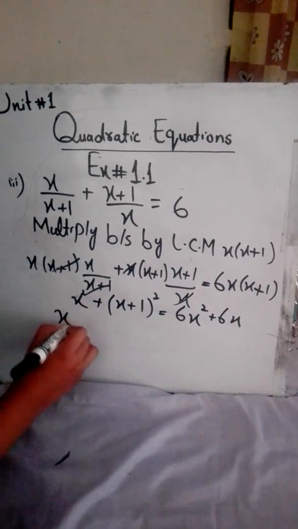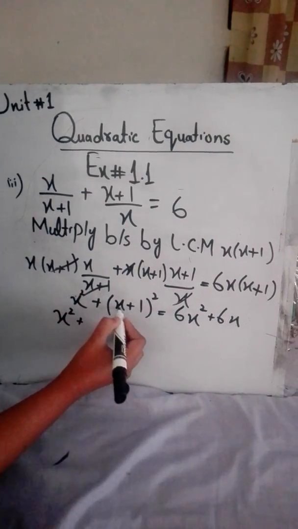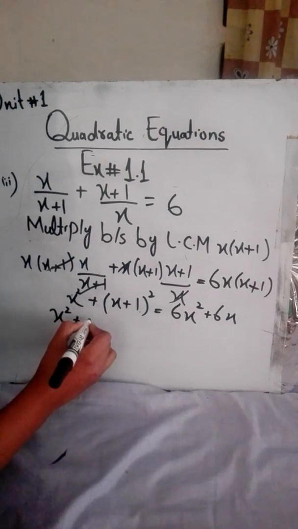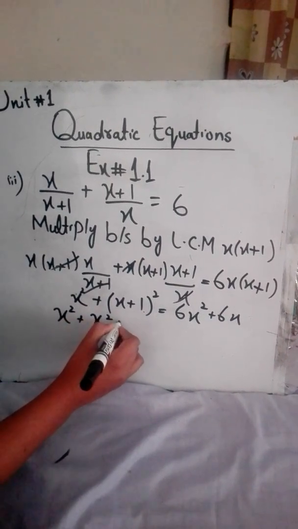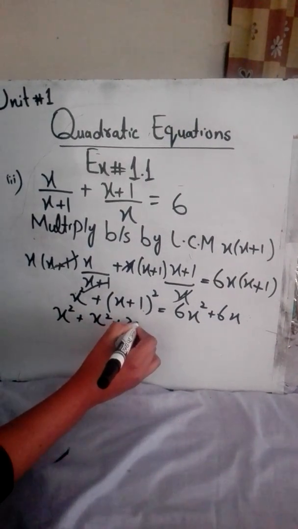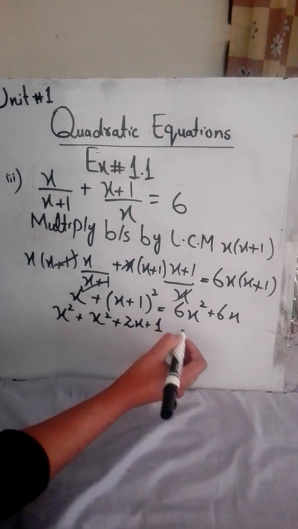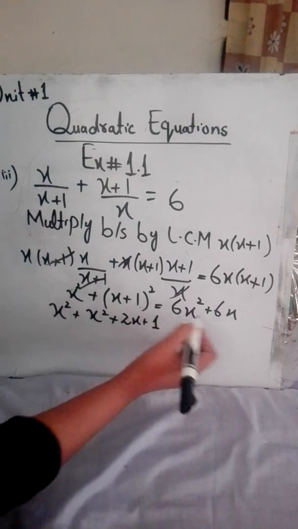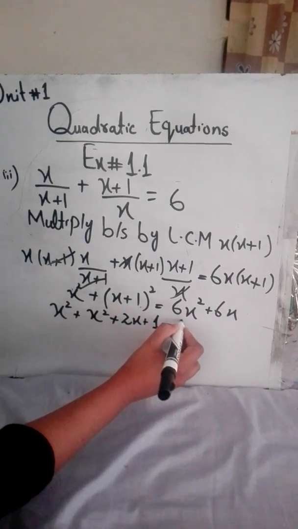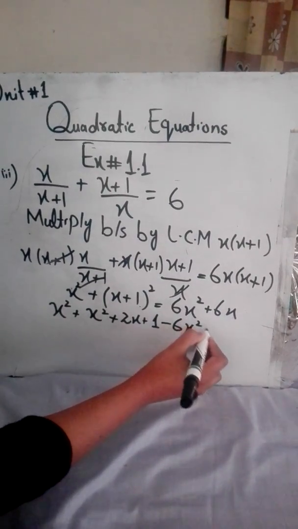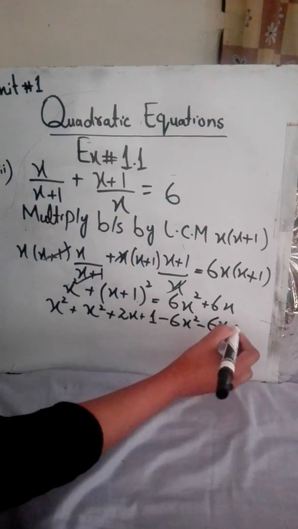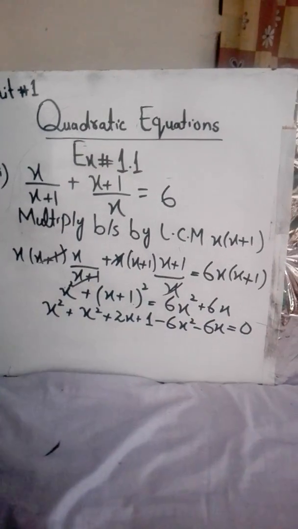Now I am going to open the formula of a plus b whole square, which is equal to a squared plus 2ab plus b squared. And also when we change the place of 6x squared and 6x, it will become minus 6x squared minus 6x is equal to 0.